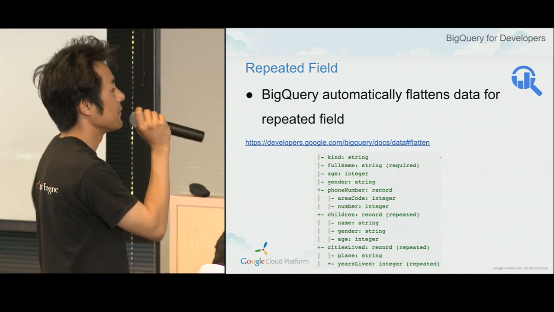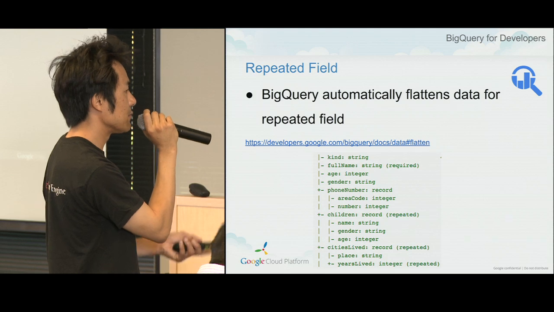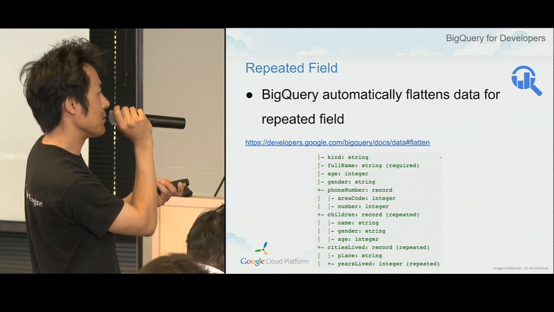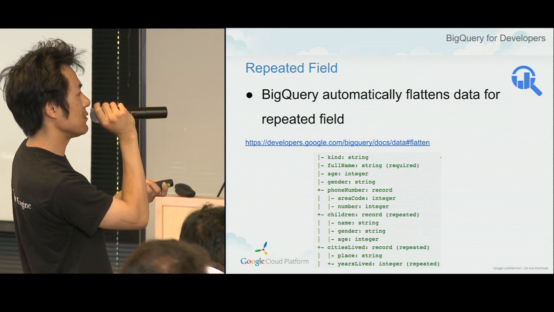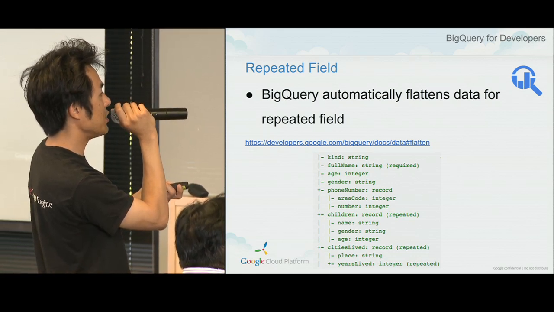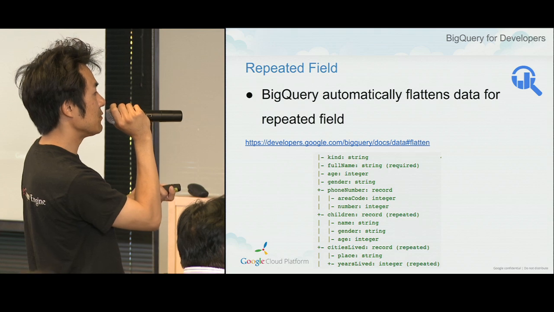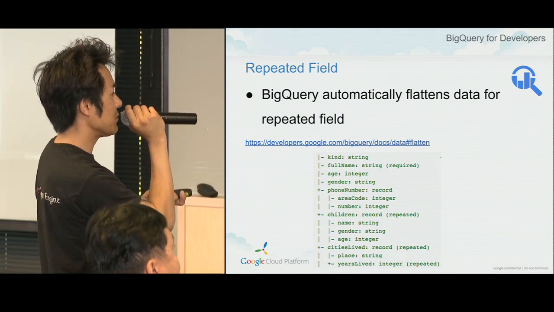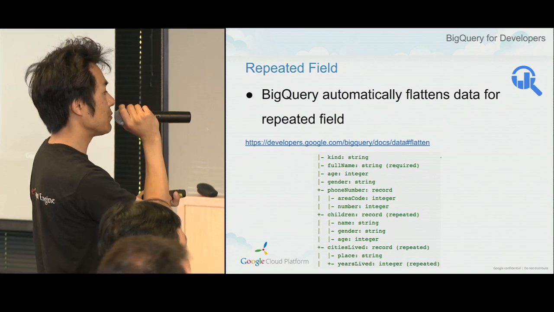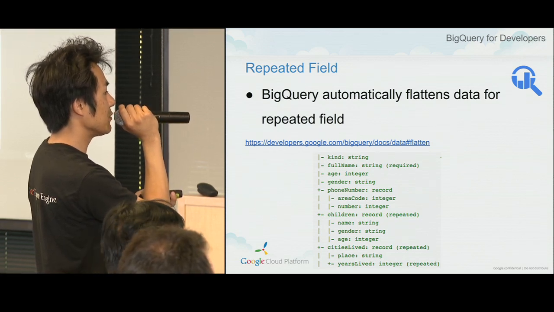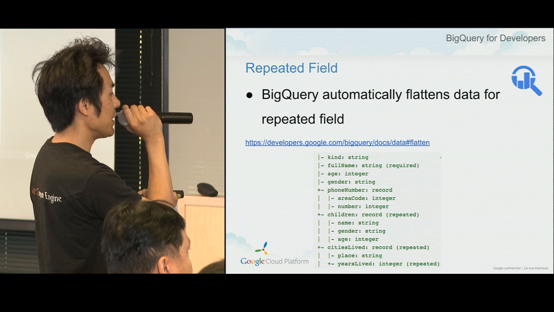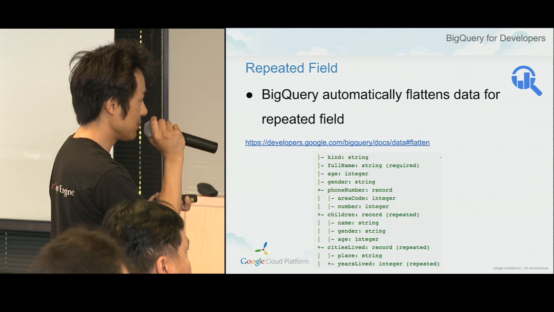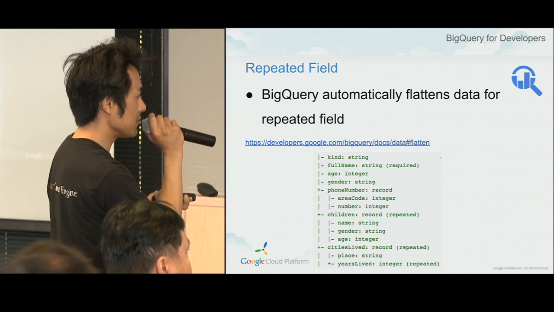In this example, which is a little complicated, we have a kind, full name, age, gender, phone number, area code, number, and the children. This person can have multiple children, and each child has name, gender, age, and cities lived. This is also repeated, and this nested field is also repeated.